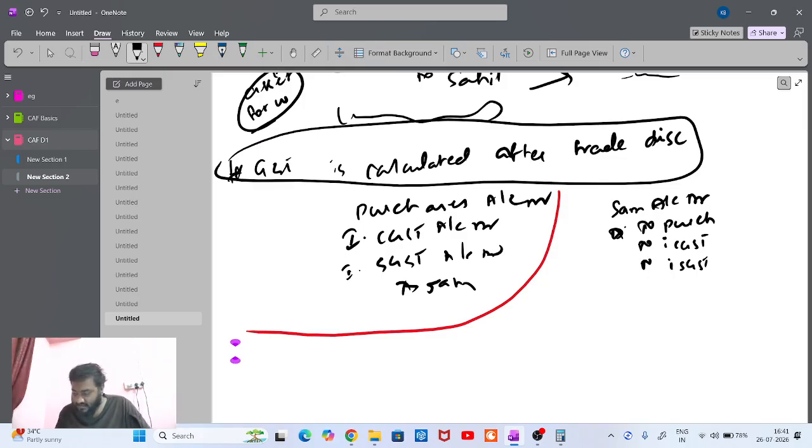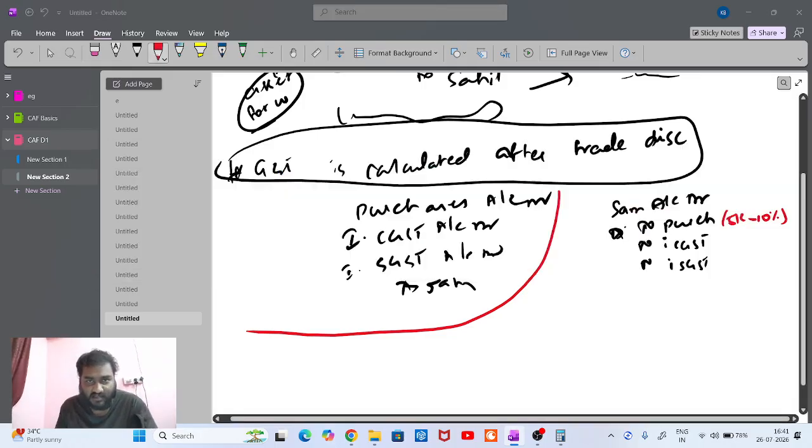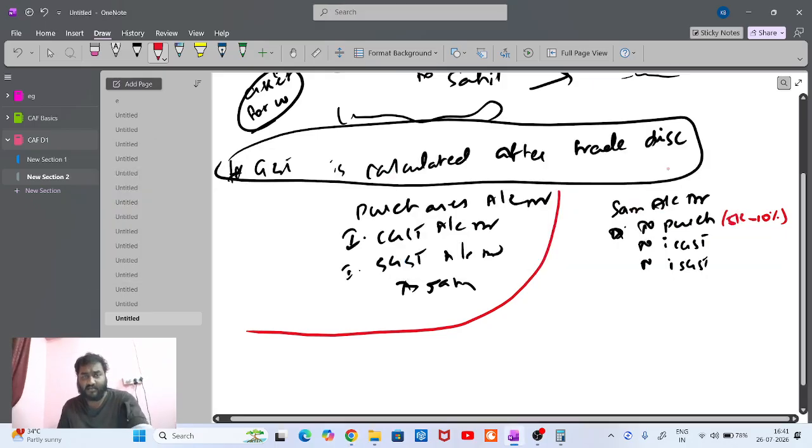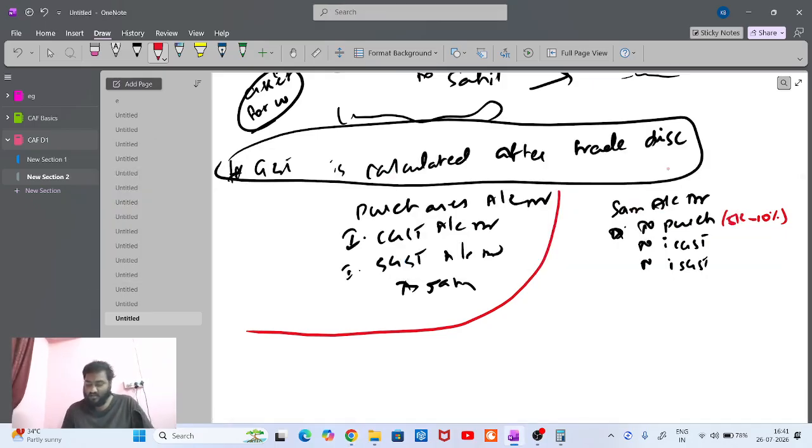Purchase return is 5,000 minus 10%, since we purchased with a discount. What is 5,000 minus 10%? 4,500. 4,500 comes here, into 9%, into 9%. These are the balances and this is the balancing figure.